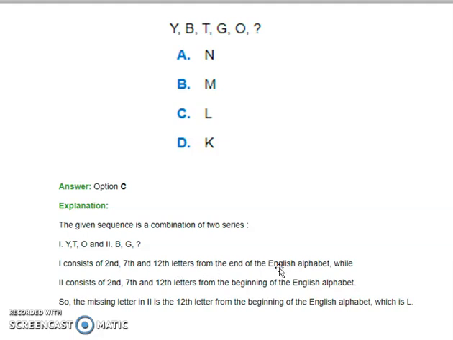That's the reason I'm telling you that alphabets and their relation with numbers should be at your fingertips. The second consists of the 2nd, 7th and 12th letters from the beginning of the English alphabet. So the missing letter in the second is the 12th letter from the beginning, which is L. It was a little bit difficult to find out, and if you answered it correctly, very good, great work.